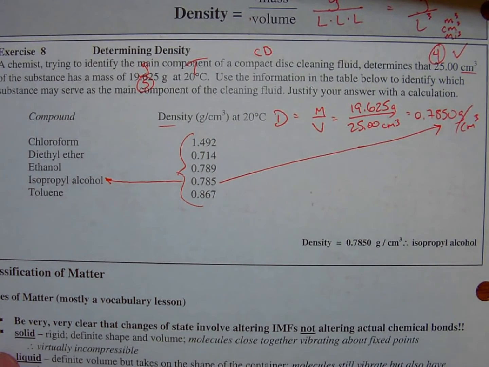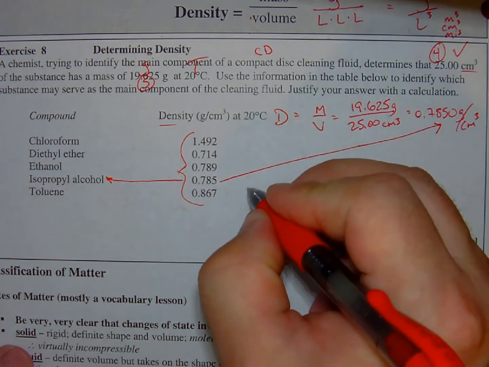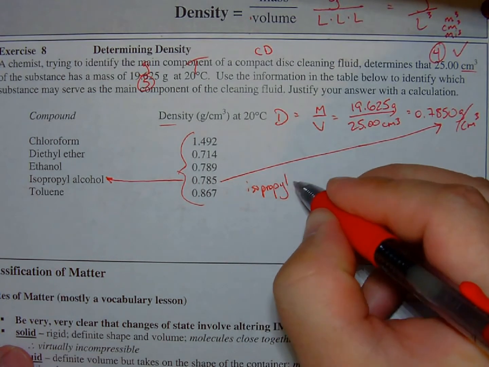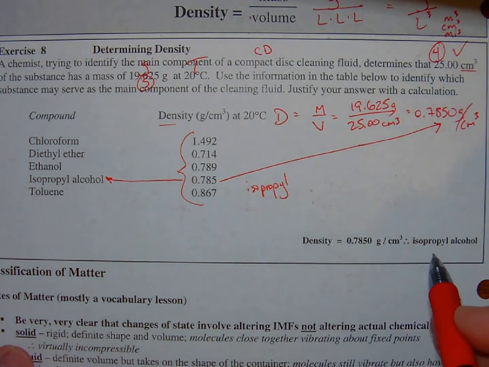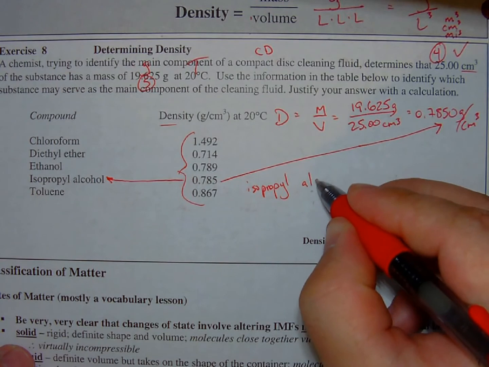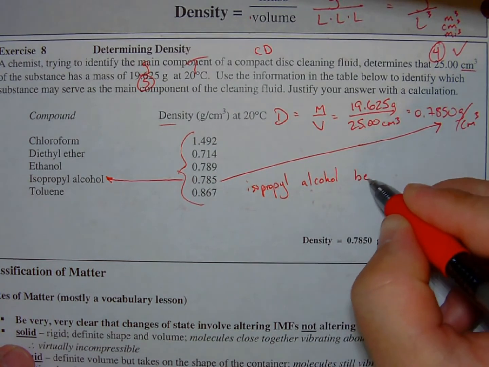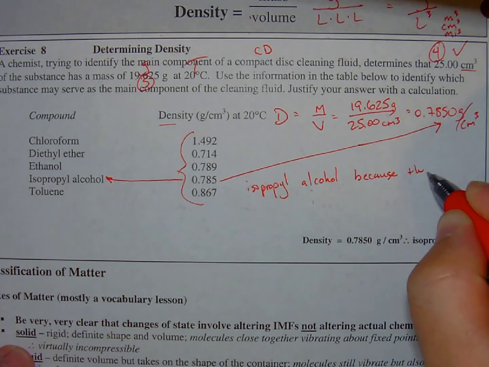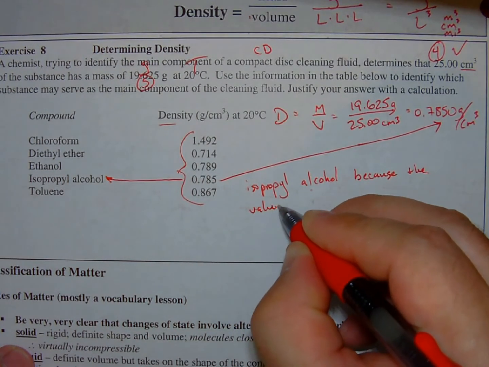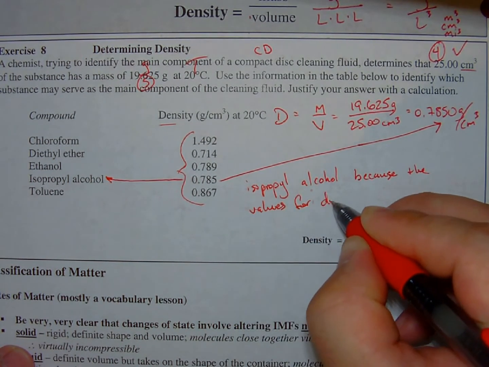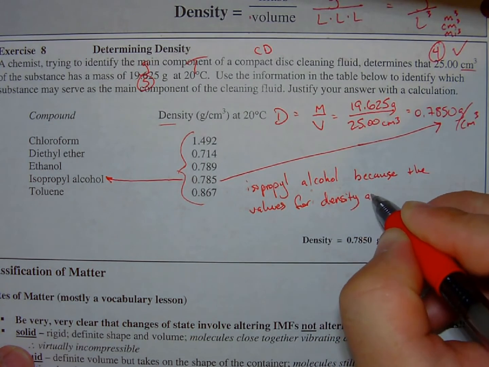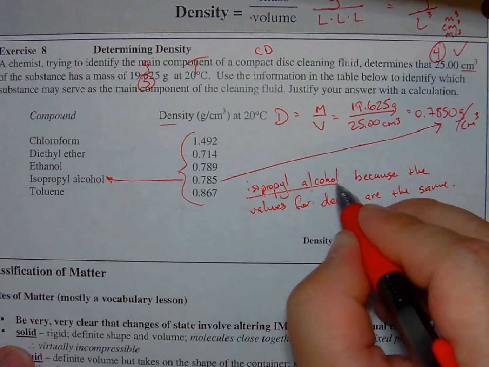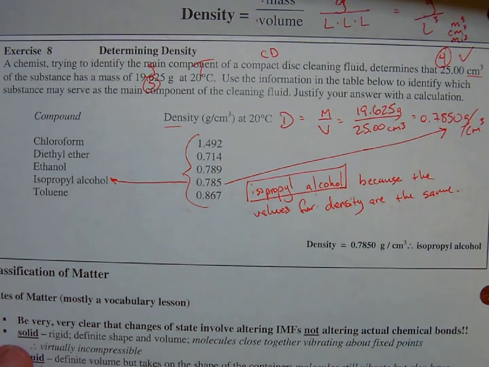And so when I go to actually write my answer, I say isopropyl alcohol, because the values for density are the same. Right? Isopropyl alcohol is the answer that you're giving here.